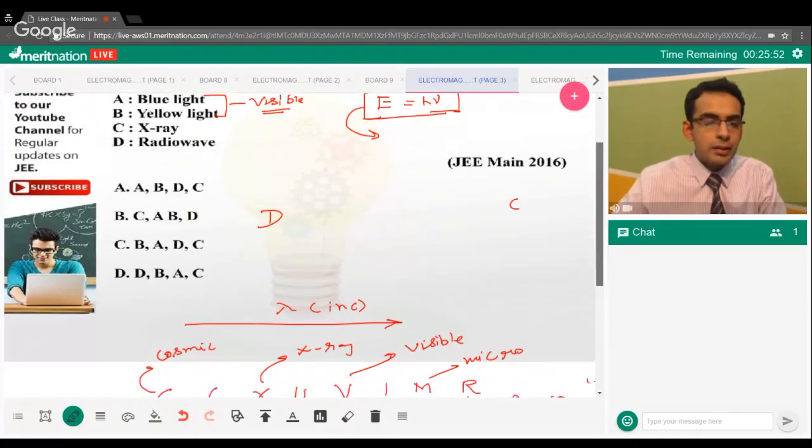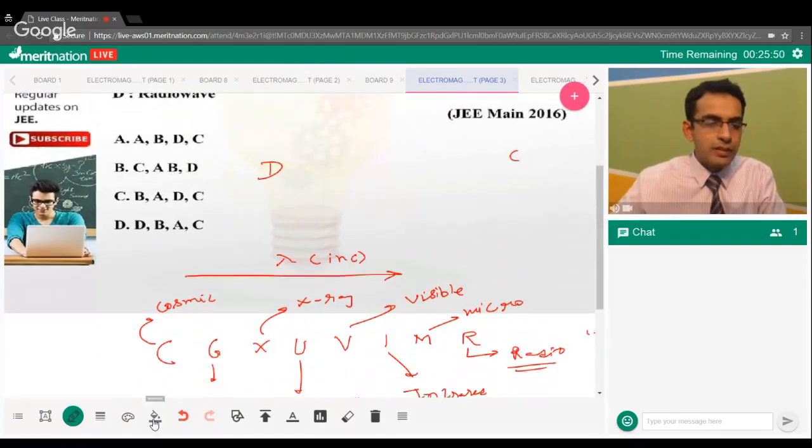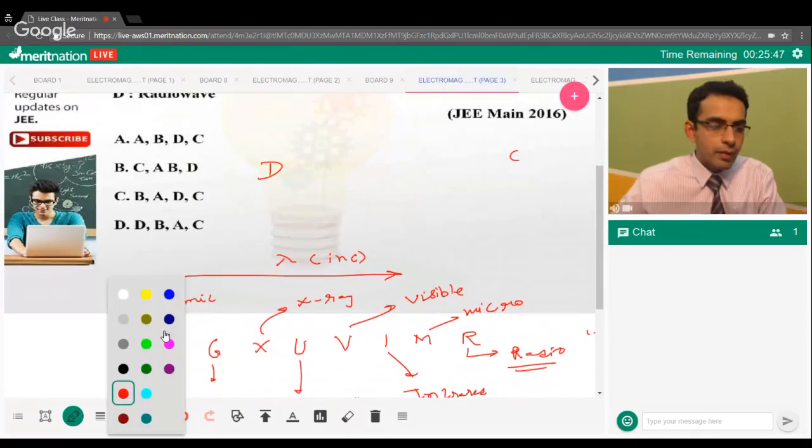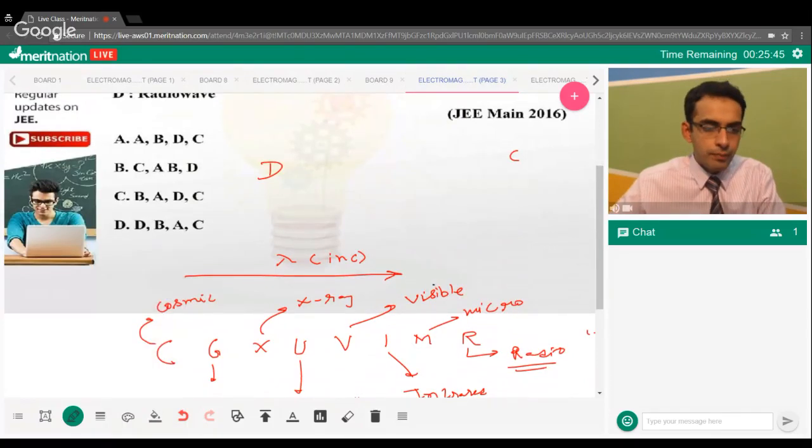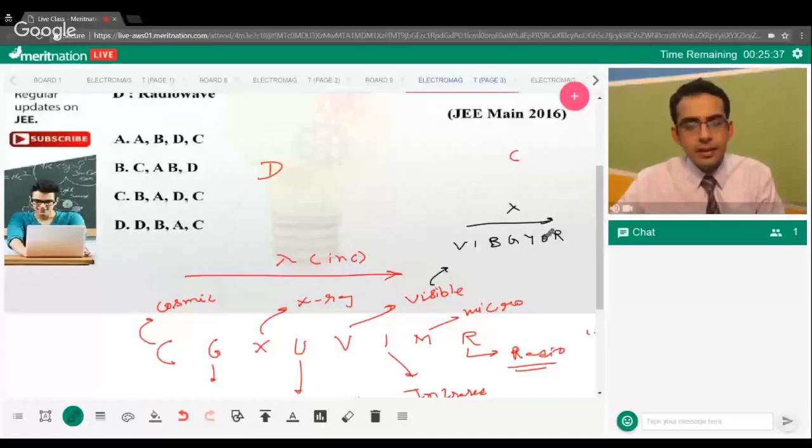The spectrum of the visible range is given by V, and if you go left, frequency increases, right?